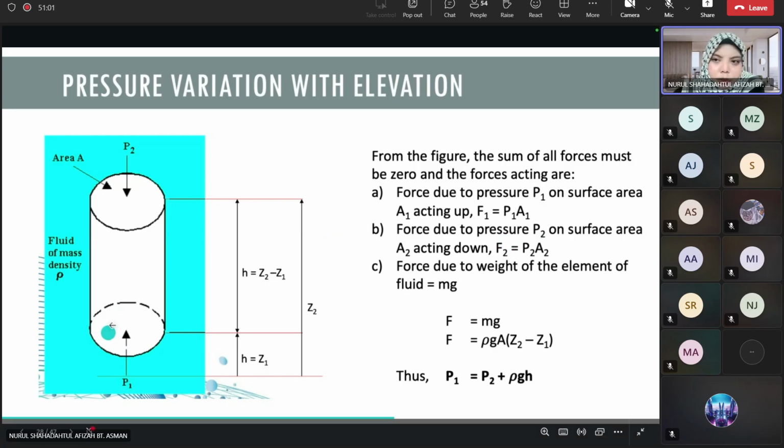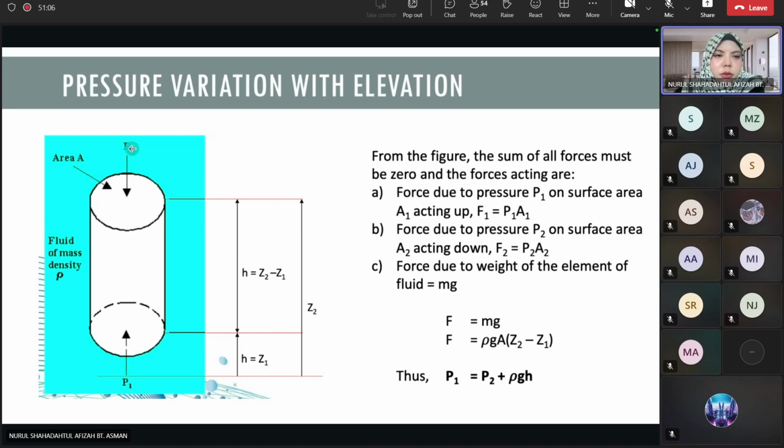Ini tadi acting upwards, and then P2 acting downwards. Pressure 2 equals pressure times area 2. So force due to weight of elements of fluid. Weight kan W equals mg. So that's why F equals mg. Kalau yang biasa punya F equals ma. Tapi bila ada gravity, so it's converted to mass times gravity.